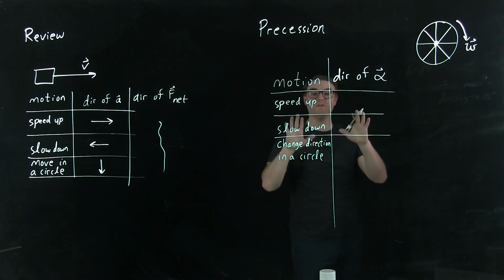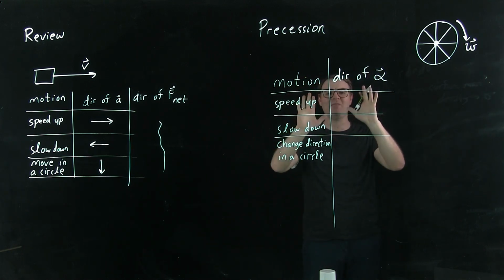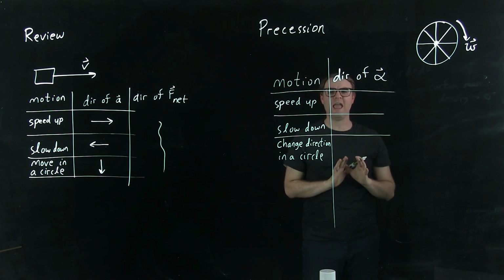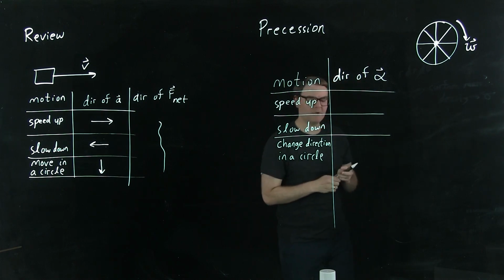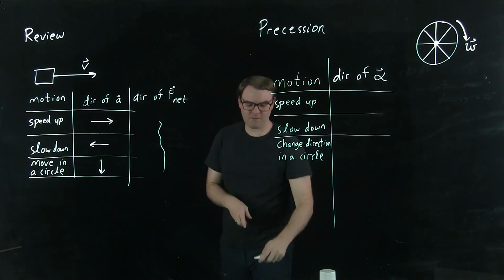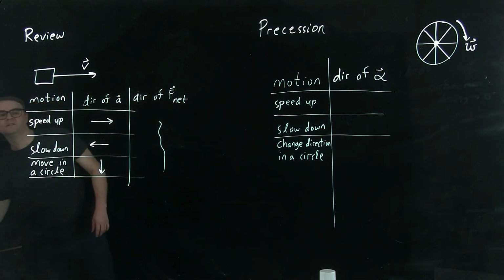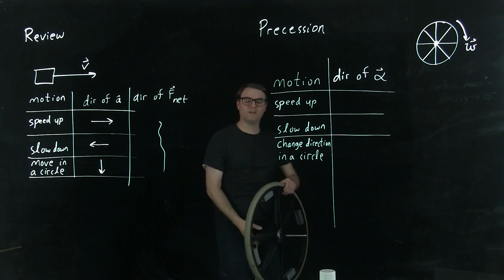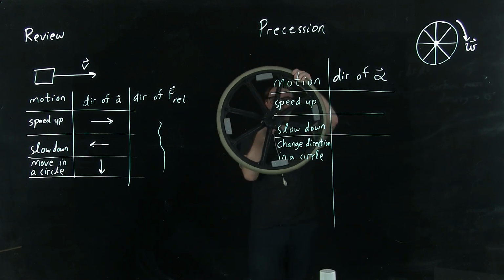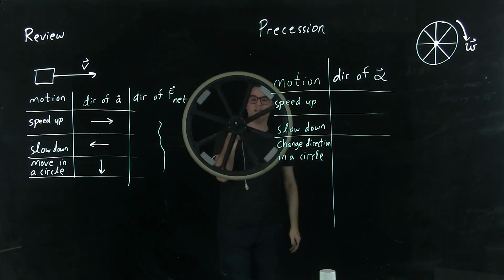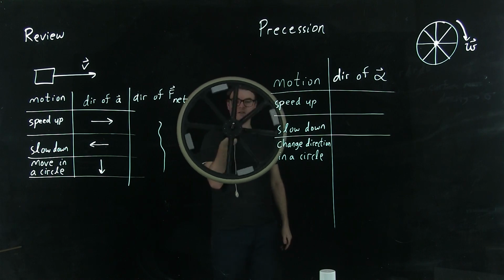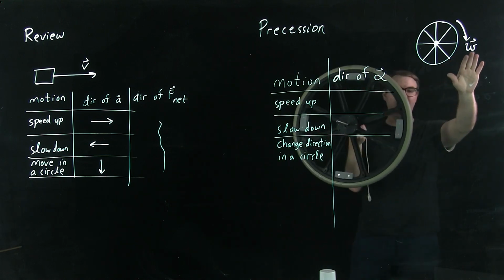And the reason that I reviewed that is I want to think about what the rotational analog of this is. And so what I'm going to do is, instead of imagining that I have an object which is moving in a straight line at constant speed, I'm going to start by having an object like this, which is moving with a constant initial angular velocity, omega.